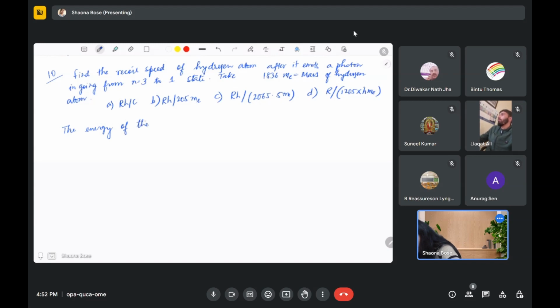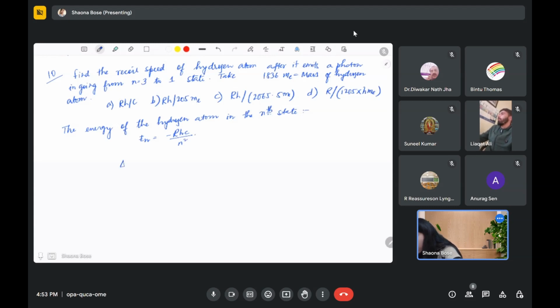Okay, so I'm just writing it down: the energy of the hydrogen atom in the nth state is given by En is equal to minus RHC by n square.